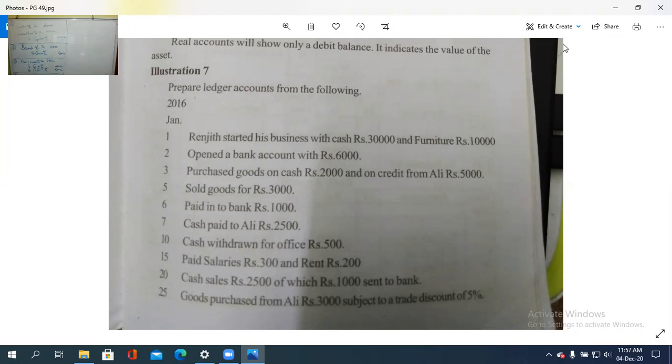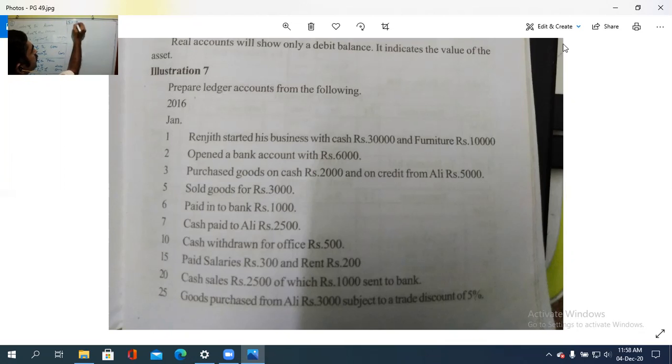Fourth entry, sold goods for 3,000. So it is for cash. So cash account debtor to sales, how much is it? 3,000. Then paid into bank rupees 1,000. Paid into bank is the same as depositing into bank.